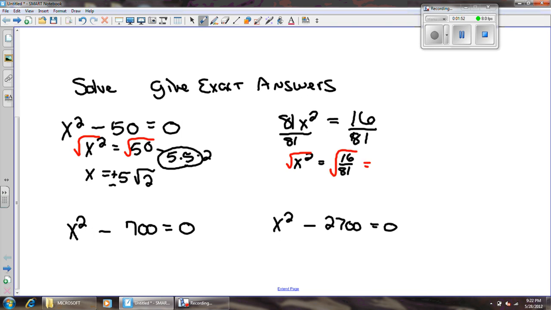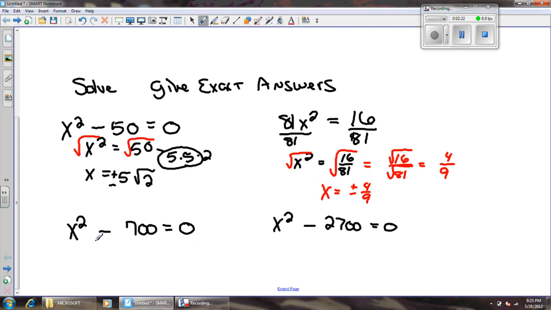But I'm going to recall that the square root of 16 over 81 is the same as the square root of 16 over the square root of 81. Square root of 16, of course, is 4, and then 9. So x is going to equal plus or minus 4/9. And again, I'm solving, so I'm giving the positive and negative answer. If I was just simplifying the rad, I would only give the positive answer.